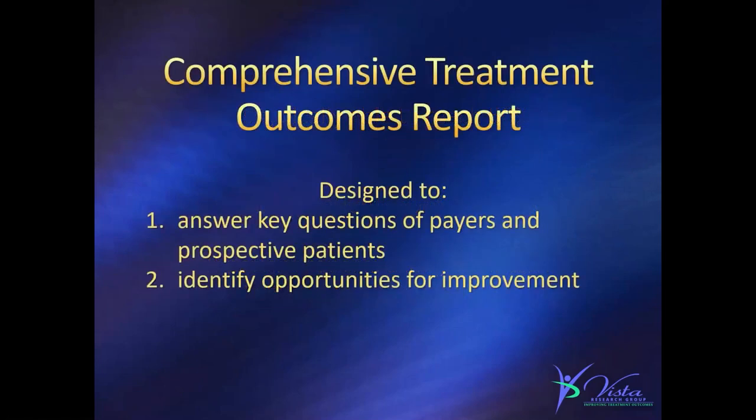So because we're the keepers of the data, it's really important we report this back to you in a very useful fashion. So you will receive a very detailed treatment outcomes report once a year that is designed to both answer the key questions of your payers and prospective patients, and also help you identify opportunities for improvement.